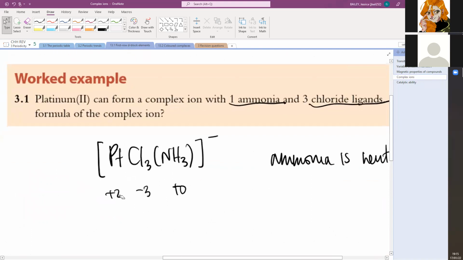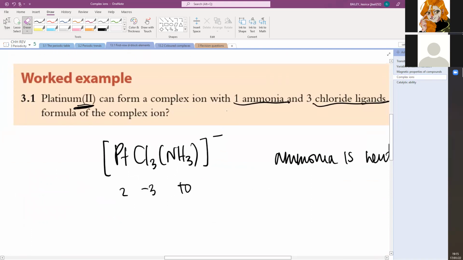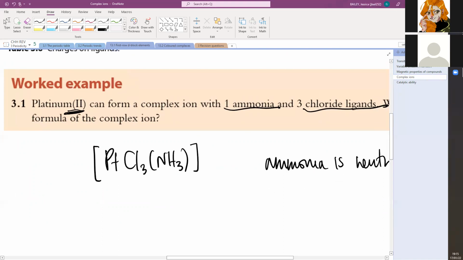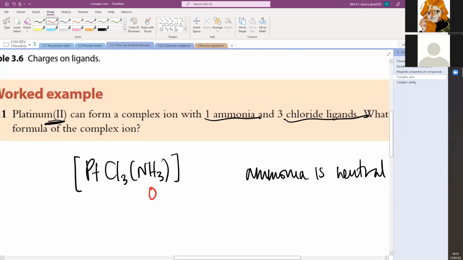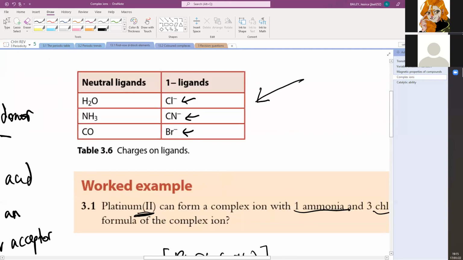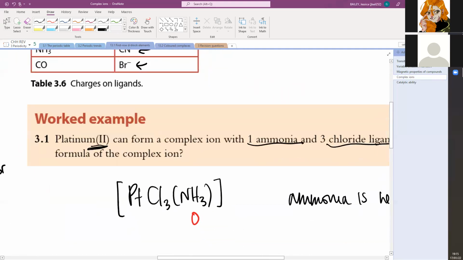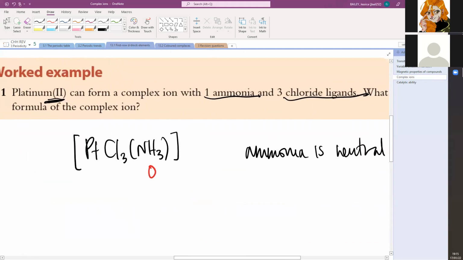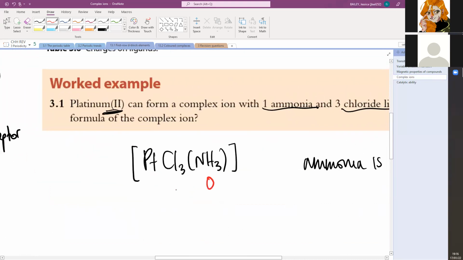If I start this question from the beginning, because you can already see the answers, this is the information that's come from the question. Now, ammonia has 0 charge on it because of that table up there before. Ammonia is a neutral ligand, right? So it doesn't have any charge on it, but chlorine as chloride has a 1-. I've also been told that platinum's in the 2+ state.